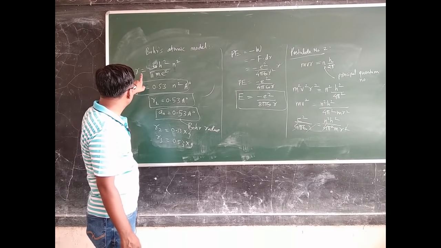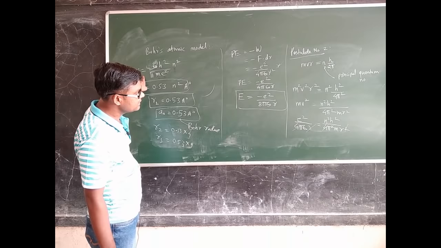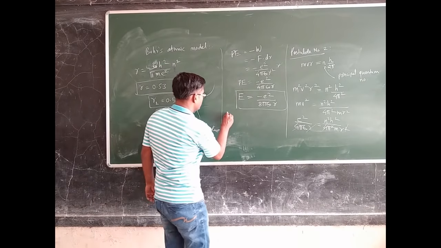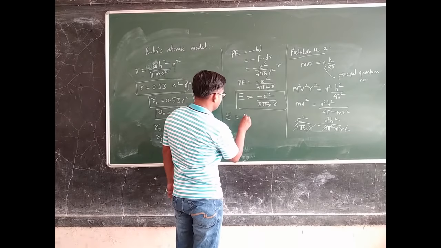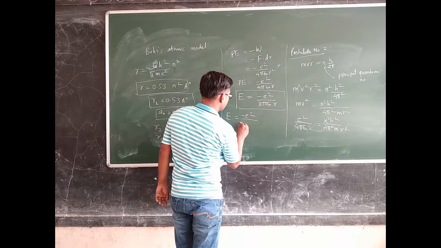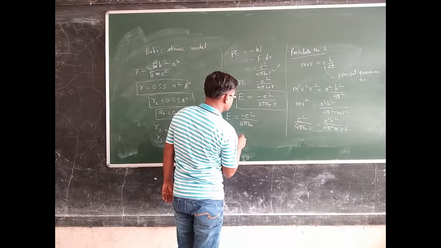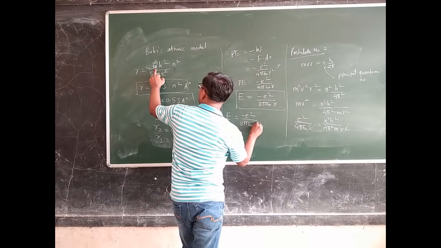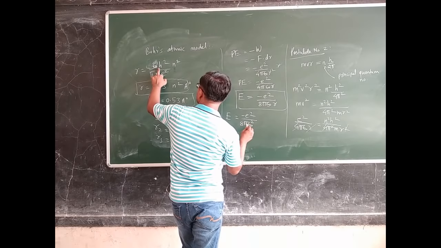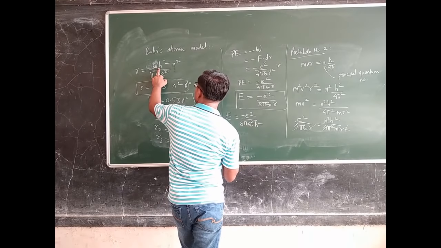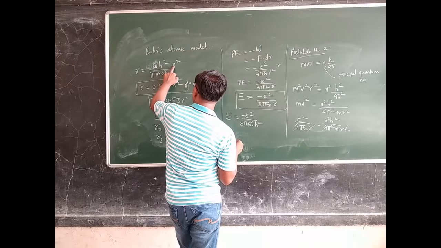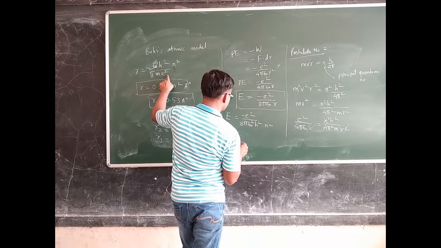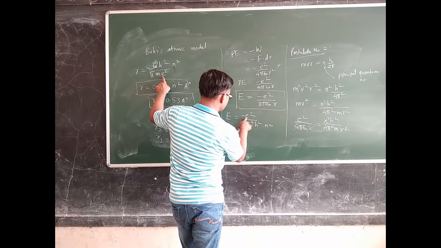Now if we put this particular expression for radius into the equation of energy here, then what will we get? We will get E equal to minus e square divided by 8 pi epsilon 0 times R, and R is this thing: epsilon 0 square, h square, n square, pi m e square.